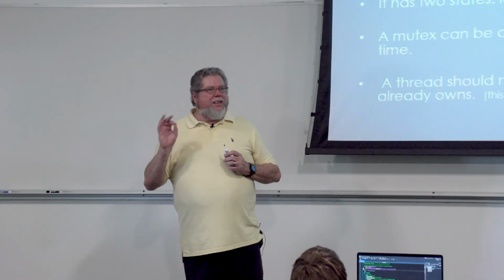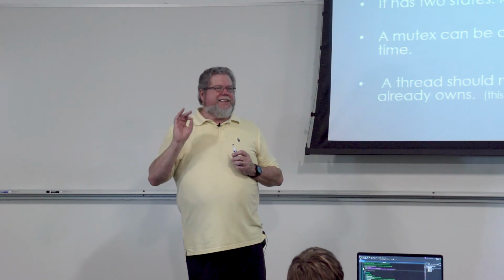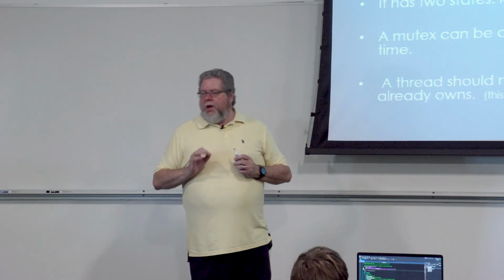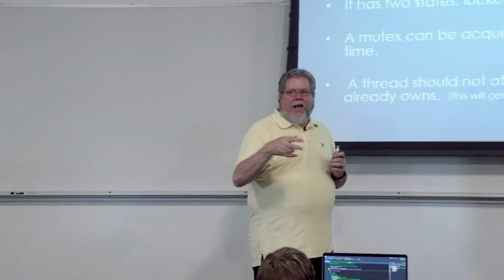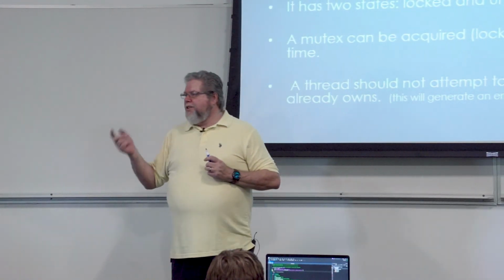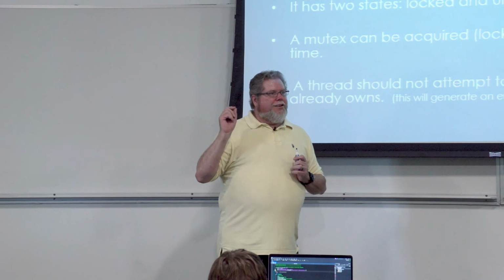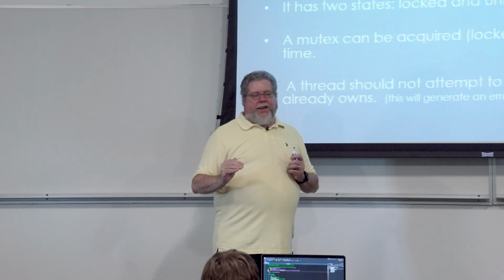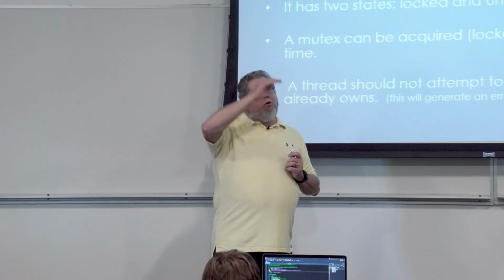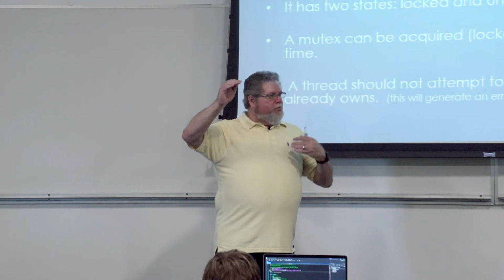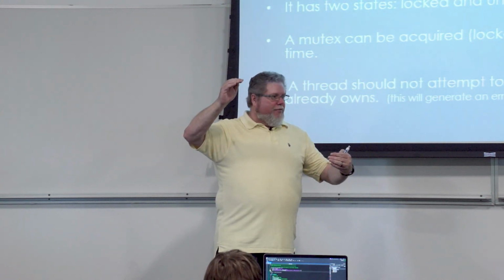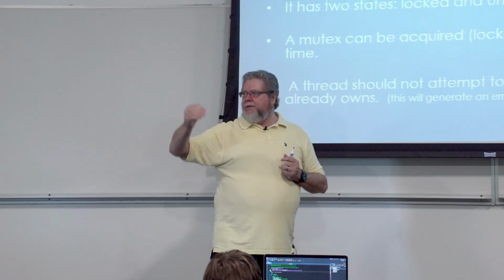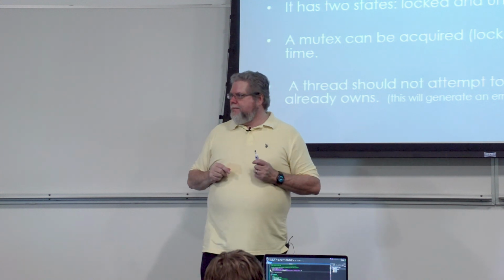Knowing exactly when and under what circumstances it automatically unlocks is very important. This error where you're trying to lock something that you already own usually happens because you locked it, you thought the scope had exited, so it had automatically unlocked, you go to lock it again, but you misunderstood the scope, it never unlocked it, so now you're trying to lock something that it still owns. That's usually when you see it. Okay?